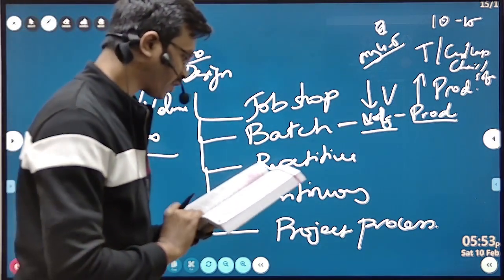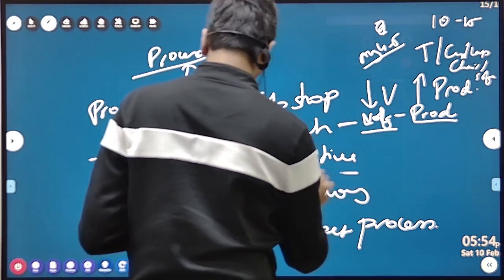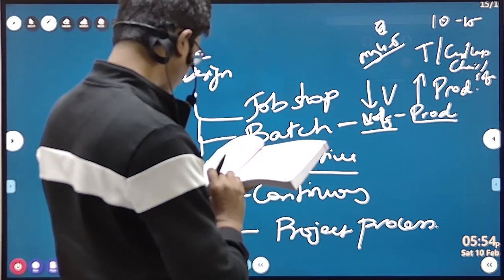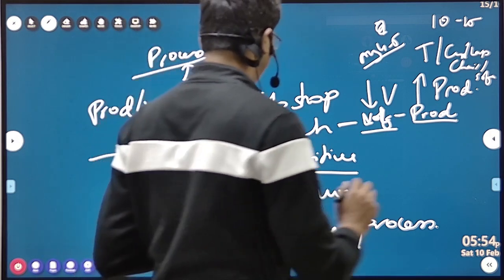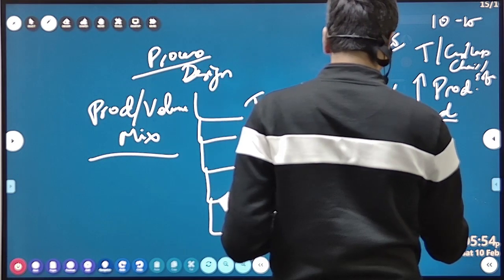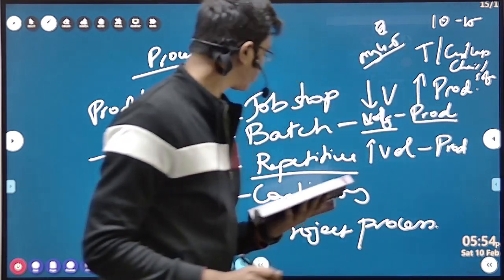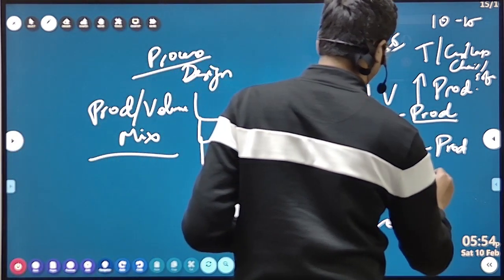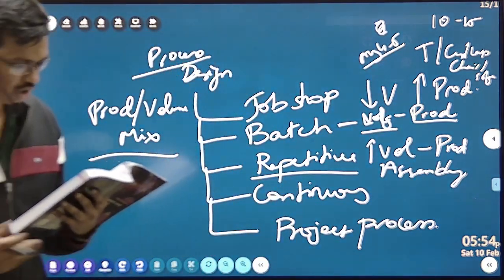And repetitive is when you have high volume and normal products. This is mostly an assembly unit, say cars, televisions, appliances.